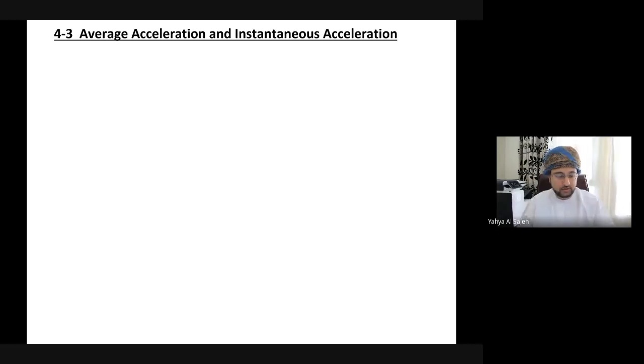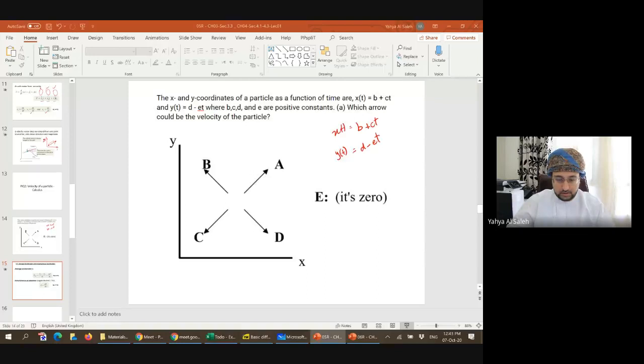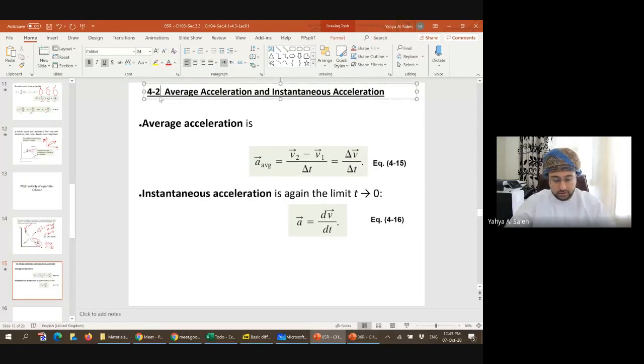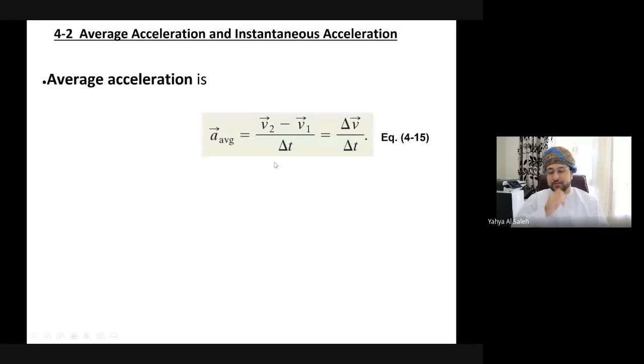Okay, average acceleration and instantaneous acceleration, and this is wrong. This should be saying 4-2. Average acceleration, v2 minus v1 over t, so delta v over delta t.